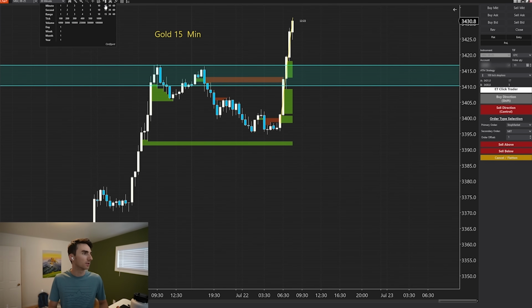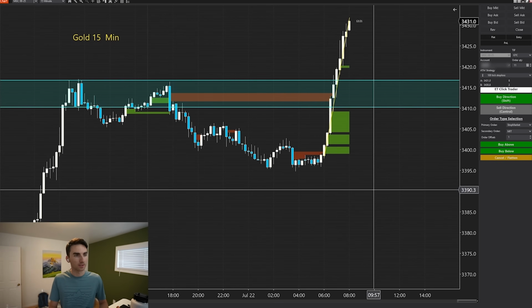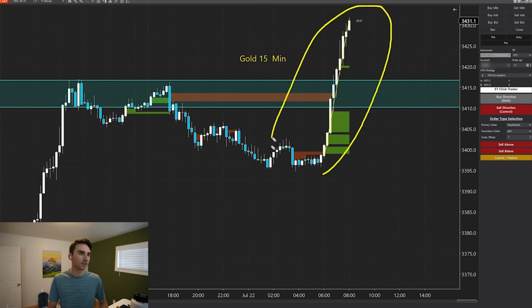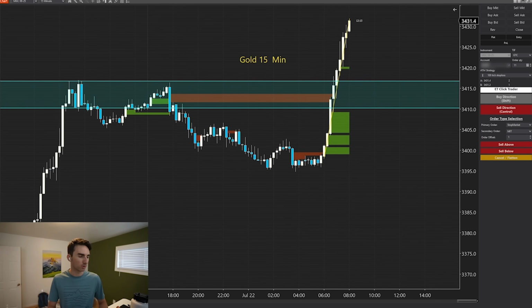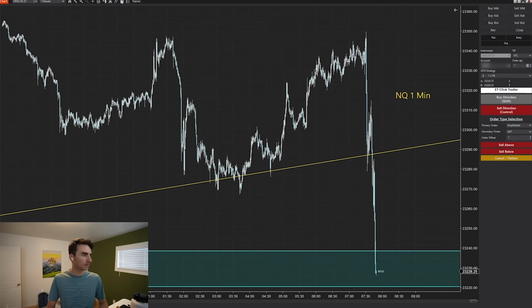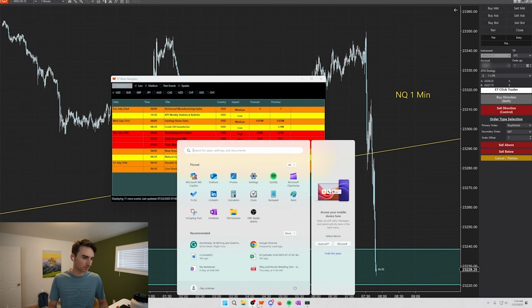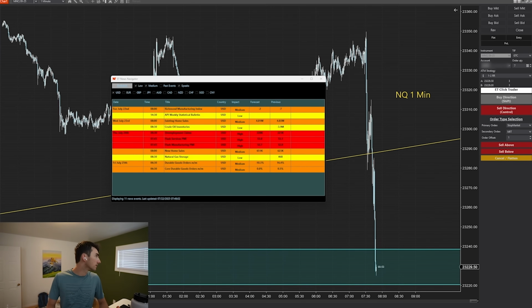Like gold here. That was a 30-minute technically, but again, very one directional, getting overextended. It's gonna have to have a pullback at some point. That's the main thing.